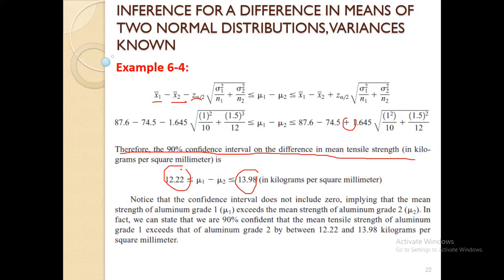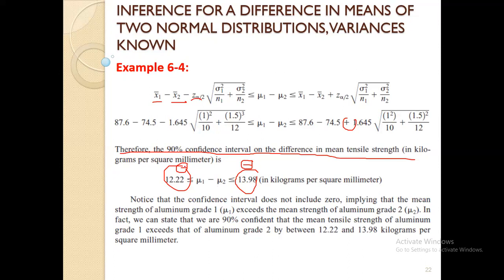If you get both negative, what does it mean? Upper and lower are negative, so mu 2 is greater than mu 1, because mu 1 minus mu 2 is negative. You can conclude that also.